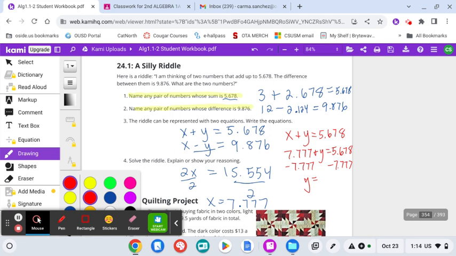So grab a calculator, subtract 5.678 minus 7.777. I'm getting a negative 2.099.